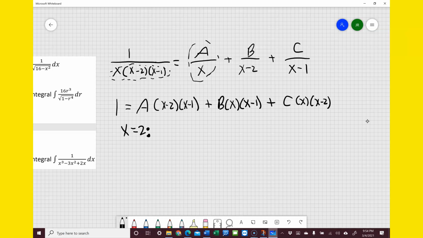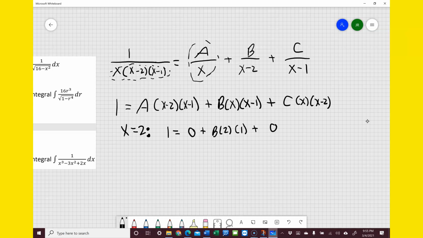If I let x be 2, then I will have 1 equals, the whole first term will become 0. So it equals 0 plus B times 2 minus 1, which is 1, plus, since 2 minus 2 also becomes 0, the whole C term becomes 0.